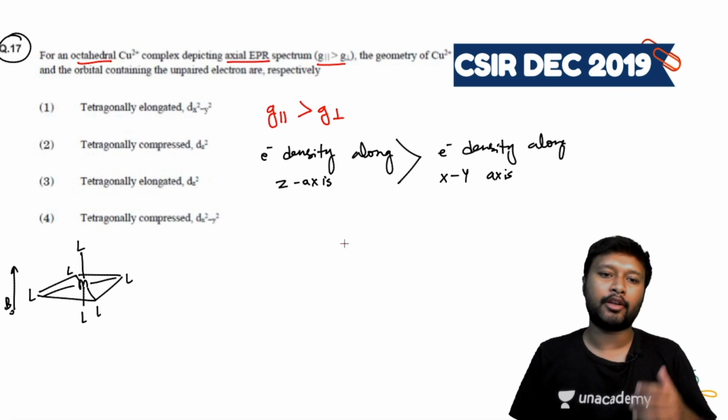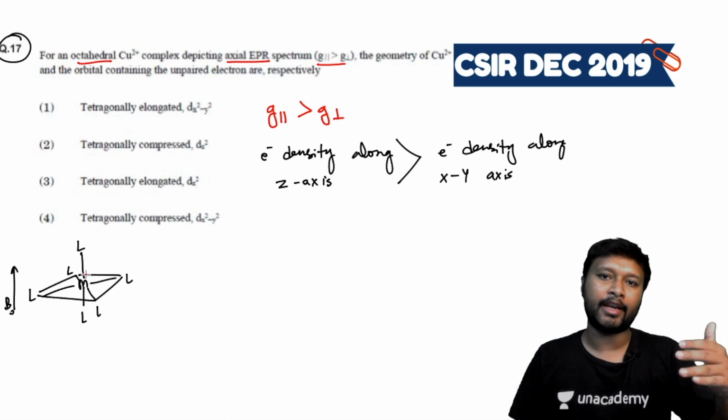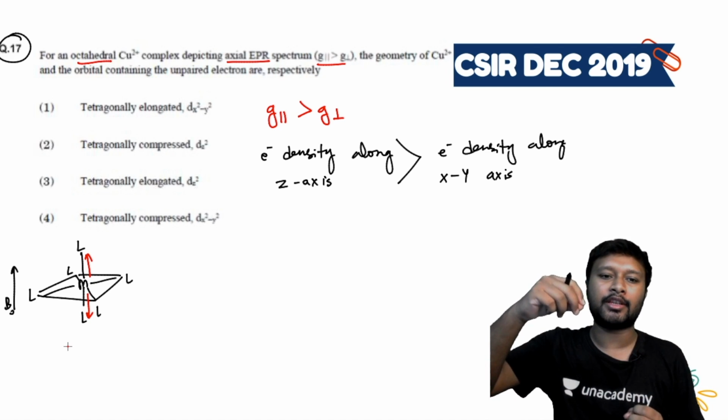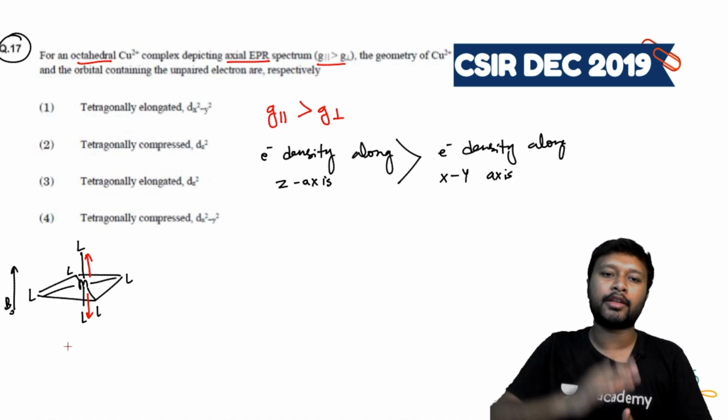So you have more electrons in the Z axis, and you know that in a particular octahedral complex, if you have more electrons in the Z axis, what will happen is that there will be repulsion caused between the ligand pair electrons and the electrons on the Z axis. Due to that repulsion there will be a stretching caused in the Z axis, like the axial bonds, and the axial bonds will become a little longer than usual.